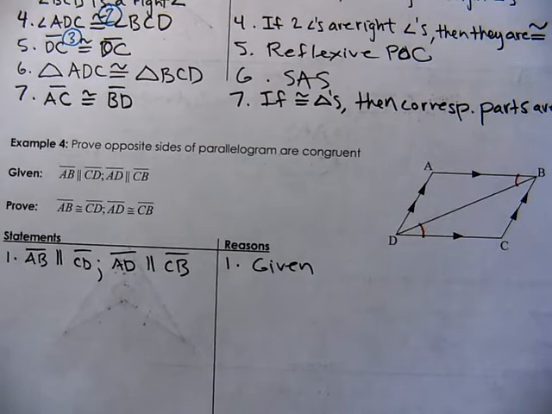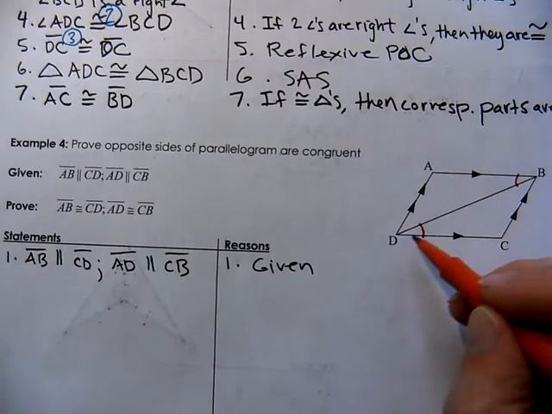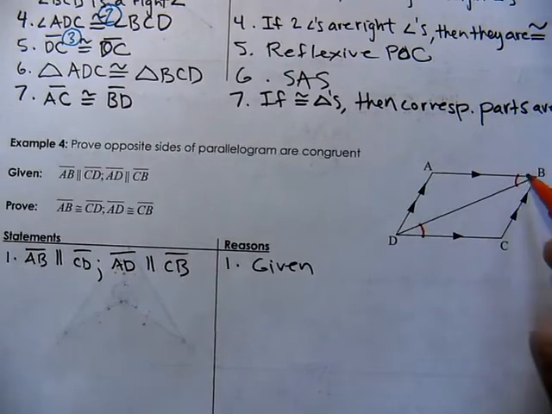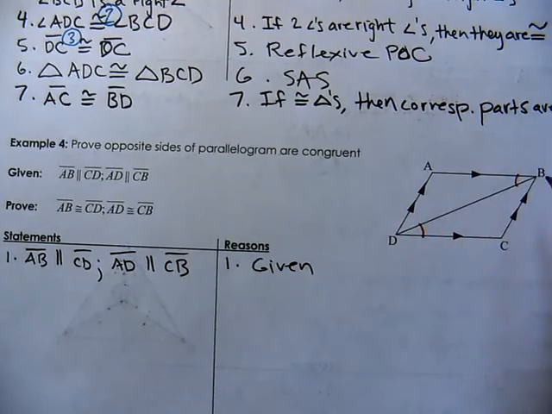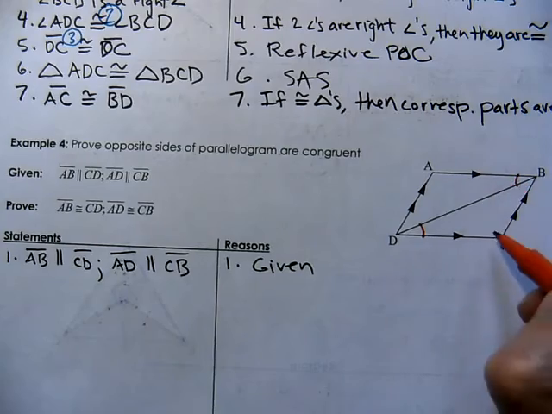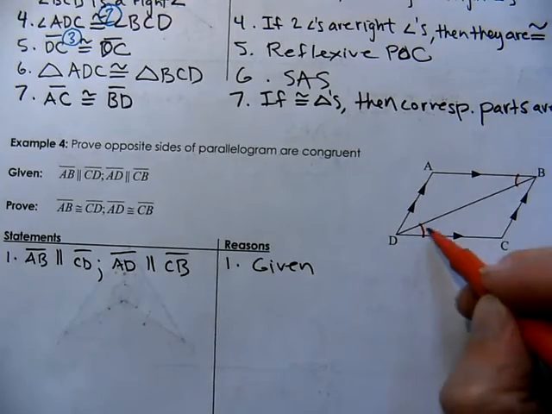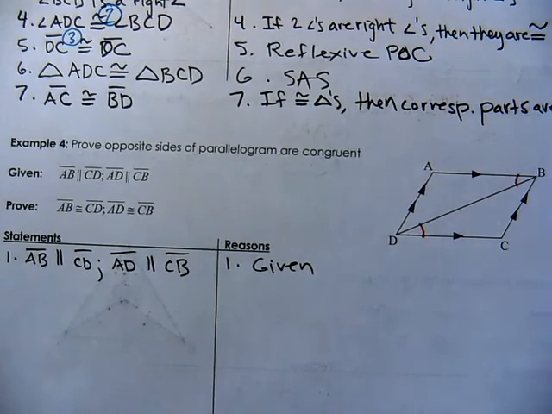Are those alternate exterior angles? Or are those consecutive interior angles? They have to be alternate because they're on alternate sides of the transversal. One's above the transversal and one's below the transversal. And they're inside the parallel lines, so they have to be interior. Alternate interior is their name.